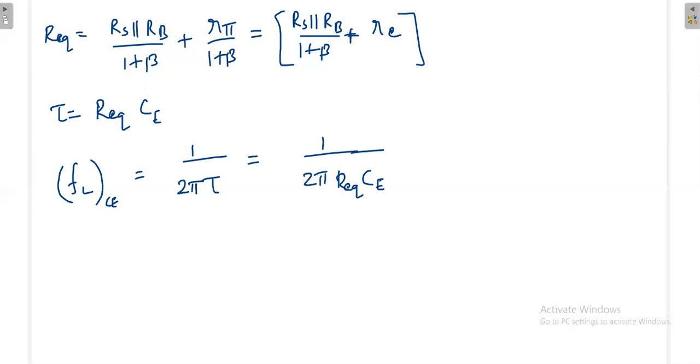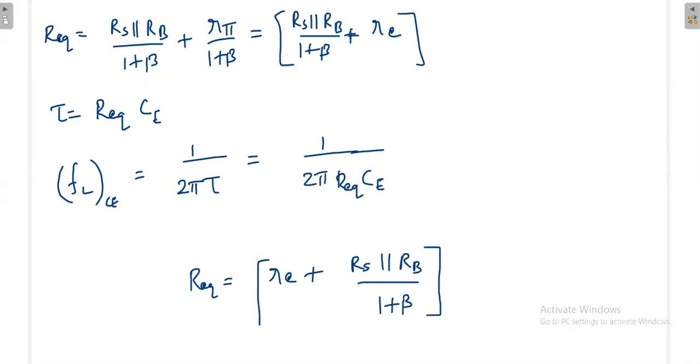Now the R equivalent is simply RE plus RS in parallel with RB divided by 1 plus beta. If you substitute this R equivalent value here, then you'll get the corresponding lower cutoff frequency.